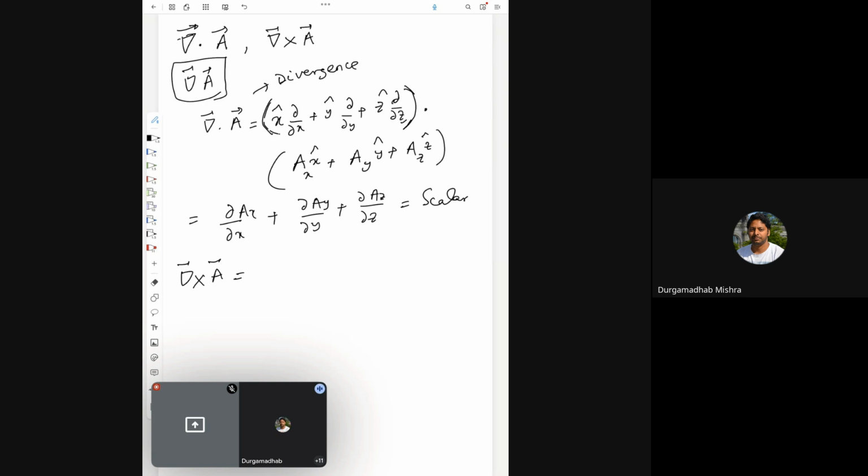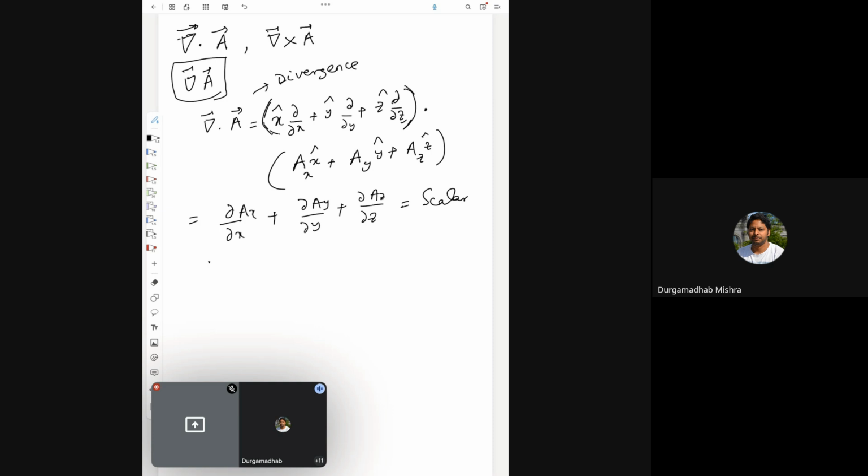Let's look at this divergence in a little more detail, because this is a mathematical tool we will be using quite often when we want to understand how electric field and magnetic field behave. So we have this divergence operator. There are various interpretations.